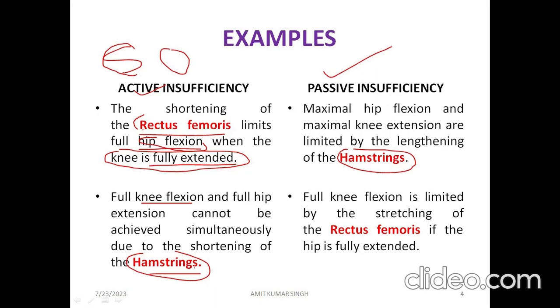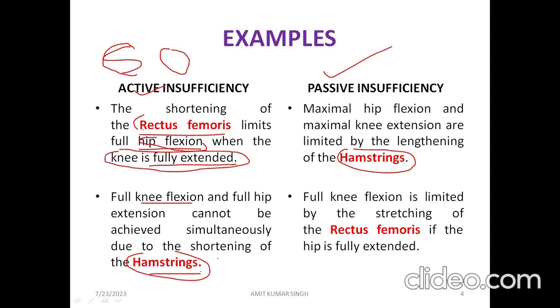At the same time, you ask the subject, after doing the hip extension, to do knee flexion. It will not be possible, because we have used the hamstring function of doing hip extension at the hip, and now we cannot use the full action of the hamstring on the knee to do the flexion.